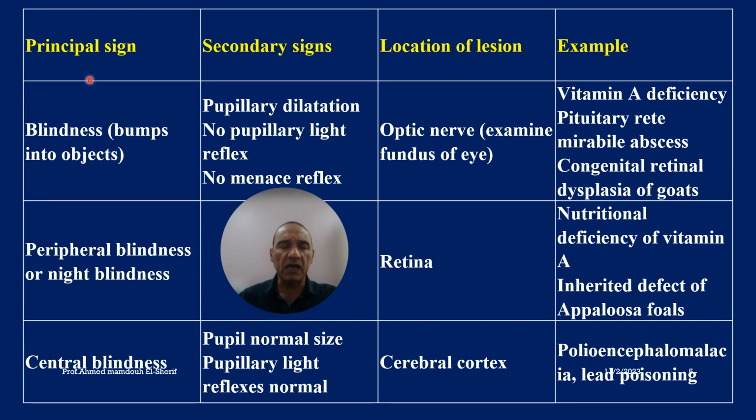When the principal sign is central blindness and secondary signs are normal pupil size and normal pupillary light reflexes, the location of the lesion will be the cerebral cortex, and examples of diseases that may be noted are polioencephalomalacia and lead poisoning.